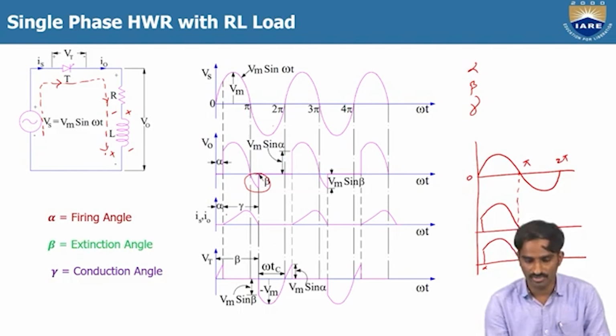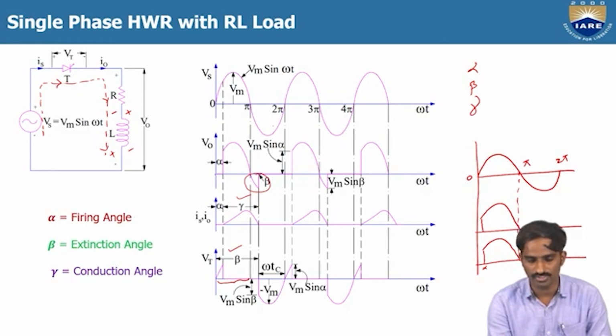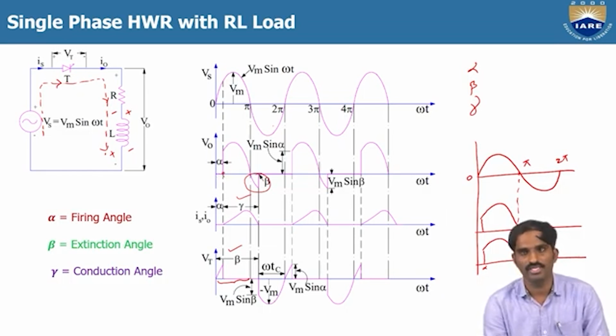The duration from alpha to beta is called gamma, the conduction angle. And the extension angle is not from pi to beta, you should observe here, it is from 0 to beta. This duration is called the extension angle. And alpha is only the duration from 0 up to this point. This is the firing angle.